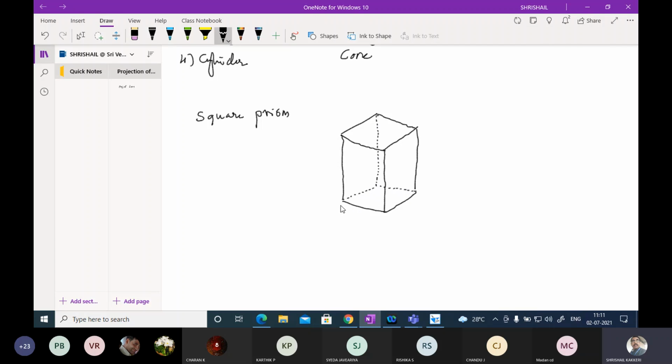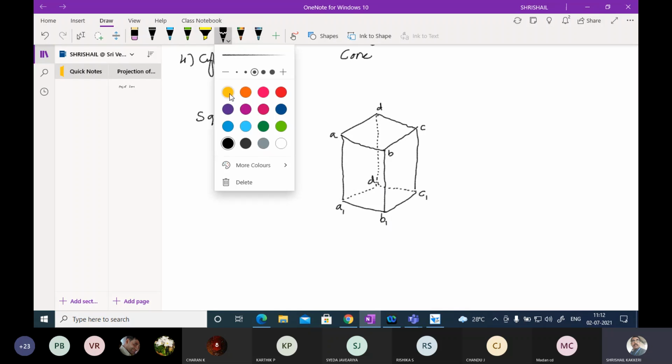Now let me name it A, B, C, D. Similarly, the top one I am going to name A, B, C, D. But ABCD will get confused, so always for the base, we write it as A1, B1, C1 and D1. Apart from that, we have one more extra thing in this: the axis.